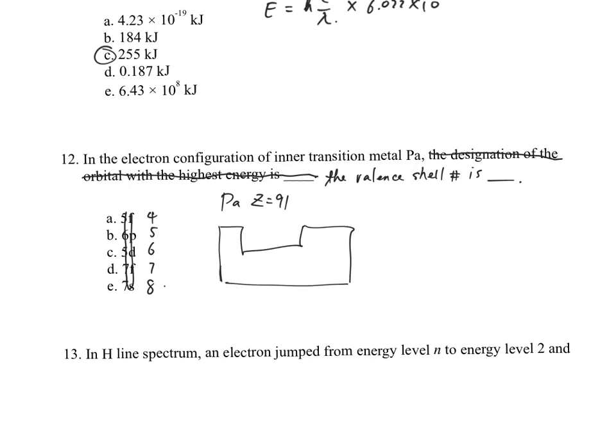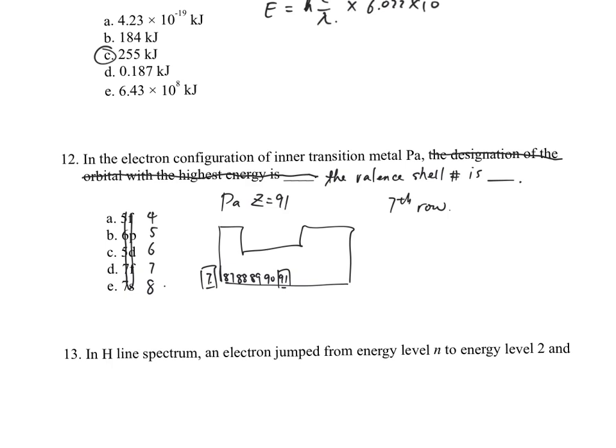In row number 7, it starts with number 87, 88, 89, and then of course 90, 91. And 91 should be in the 7th row. Elements in the 7th row means what?